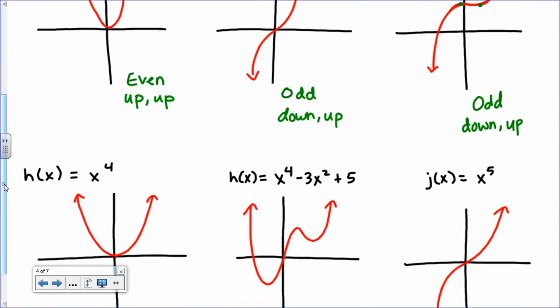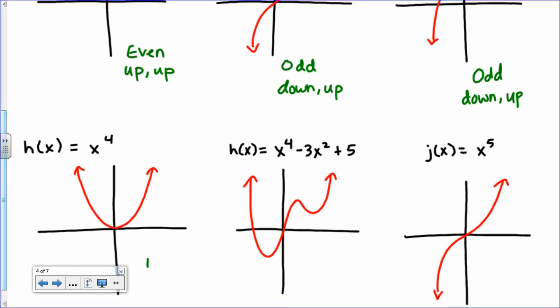So then if I look at these three, the parent function of a quartic, the x to the 4th, looks a lot like a quadratic. Same general shape. This is even, and the end behavior is up, up.